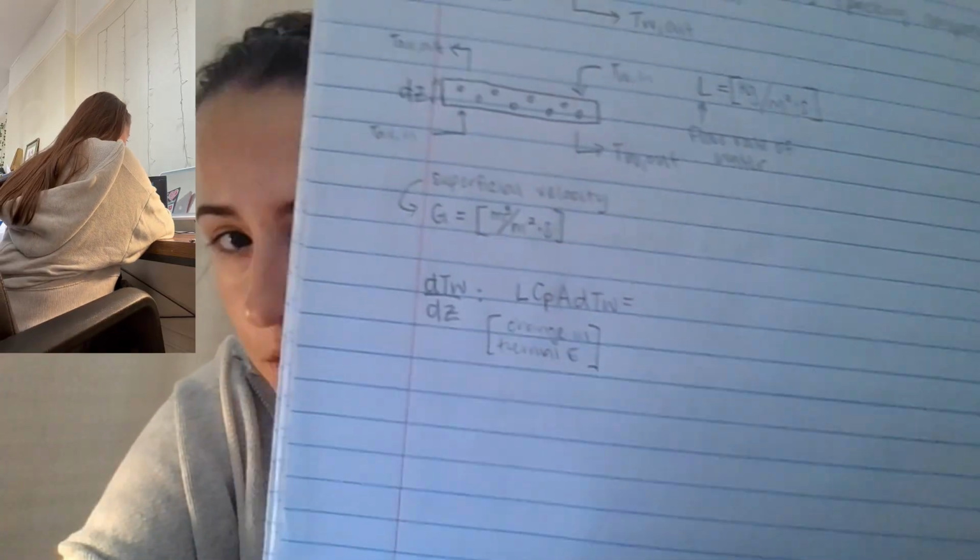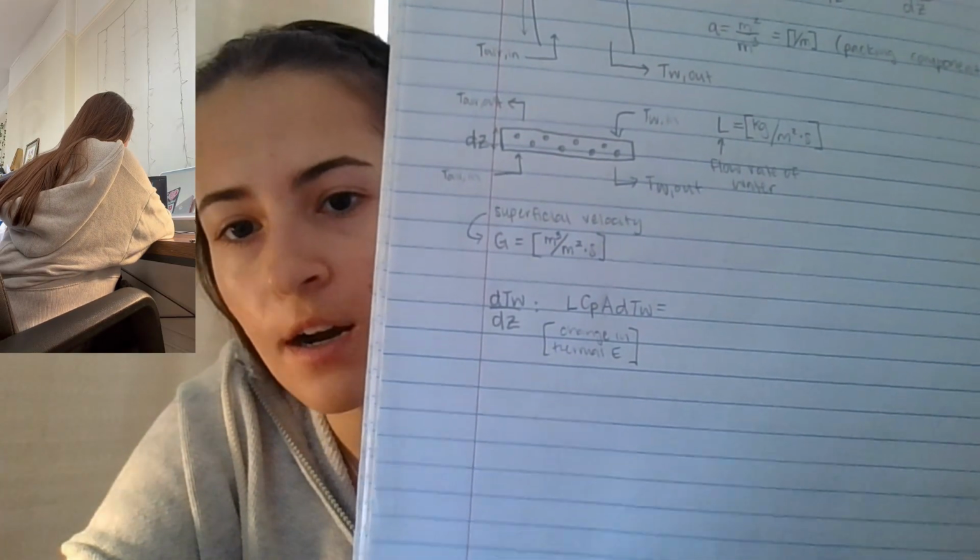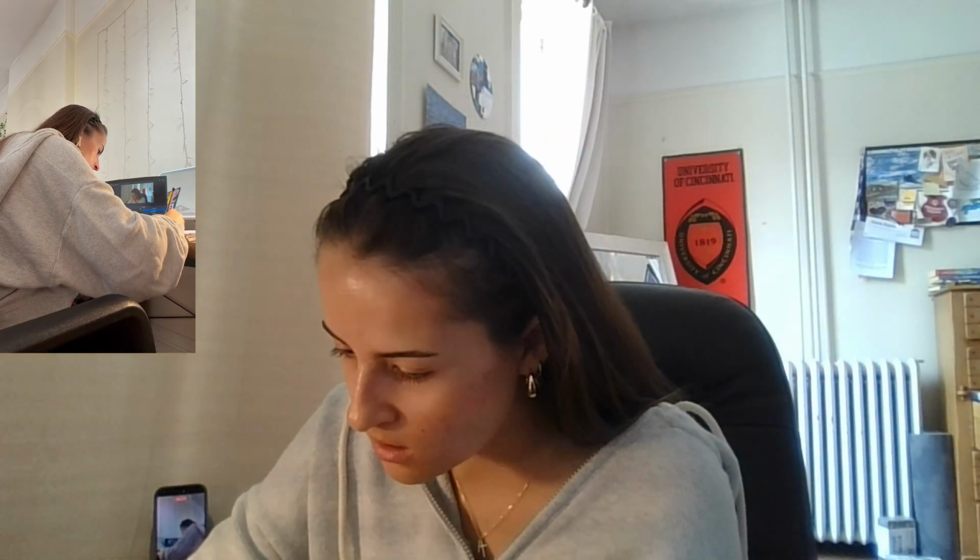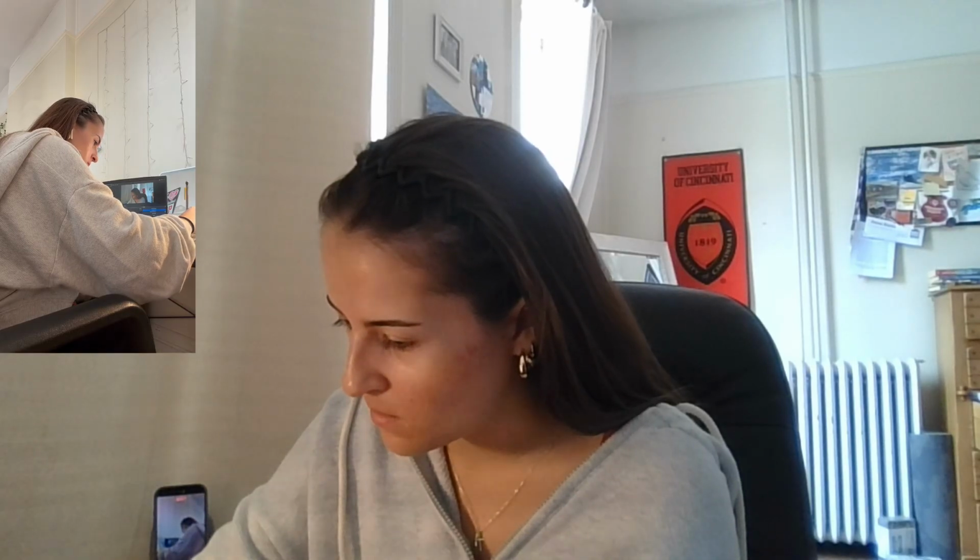This is our change in thermal energy, so this is going to be the left side of the equation. And this will be equal to our heat exchange and our mass exchange added together.